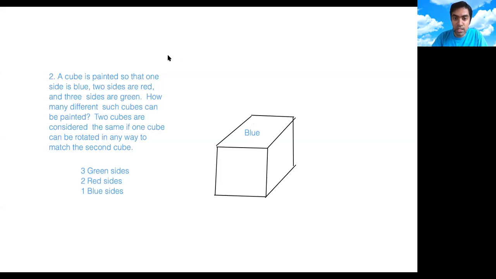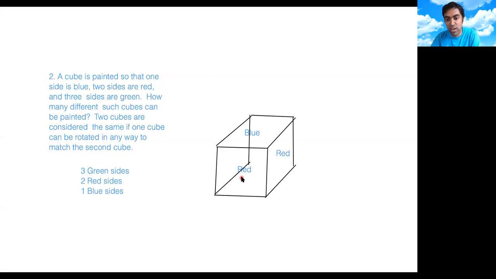Now let's think about how I can arrange the remaining ones. One option is to have my 2 red faces be next to each other on the 4 sides that are next to the blue face. So this is one option. And note that this is the same as putting red in this face on this side as well as this side.